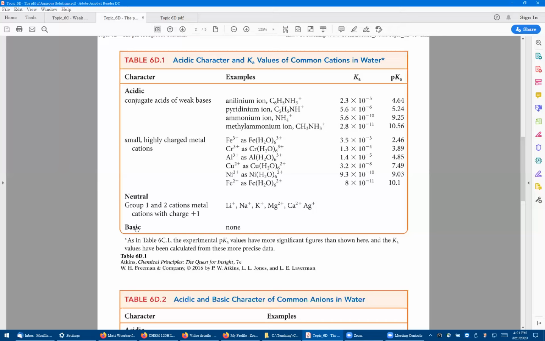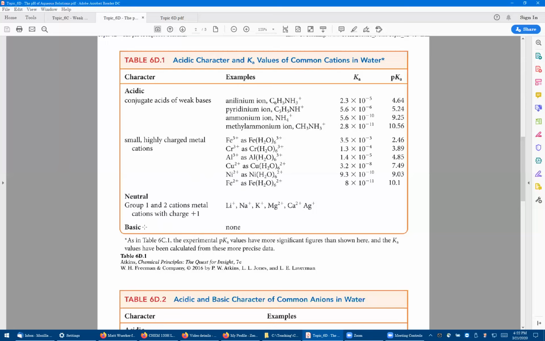Now, the last category are ones that have basic properties, and there are essentially none. The reason for that, if you think about it, is because in order to behave as a base, what does a cation, and these are all cations, remember, have to do to behave like a weak acid? Well, it has to donate a proton.